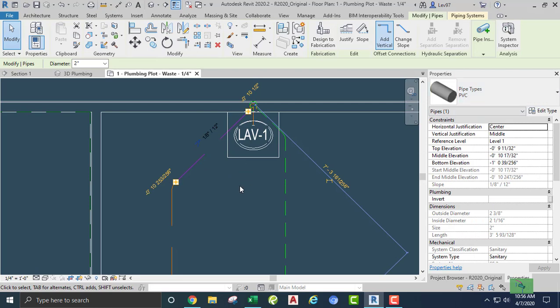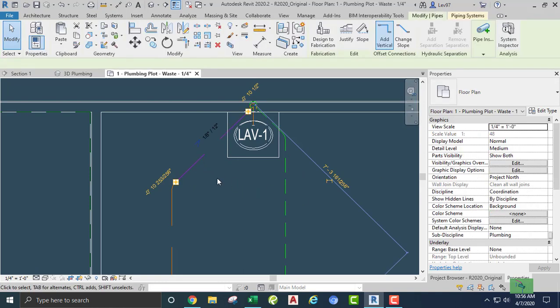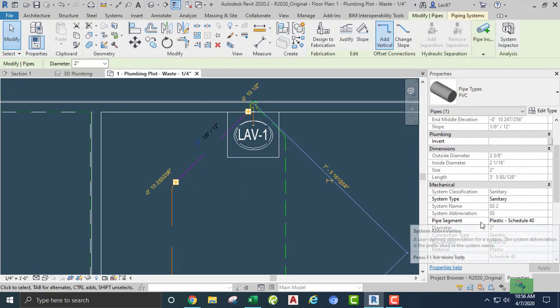So going through this, all of my types are PVC, but I would like for my pipe segment to be cast iron, and my pipe type to be cast iron.